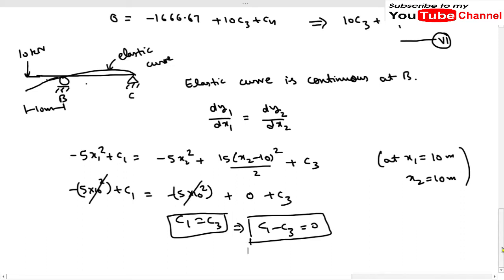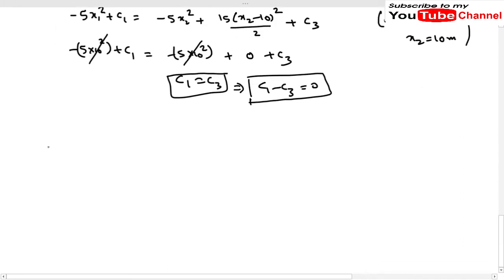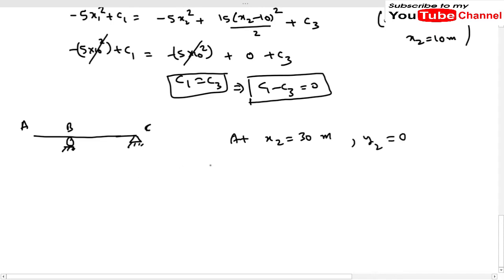Now another boundary condition which we have is, let me draw the figure of the beam again. So this is the pin support. Okay, so this is C. Okay, so at pin support deflection will be 0, which means that we can write at x2 is equal to 30 meters, because we are talking about C. So at x2 is equal to 30 meters, y2 will be 0, because this is a pin support.